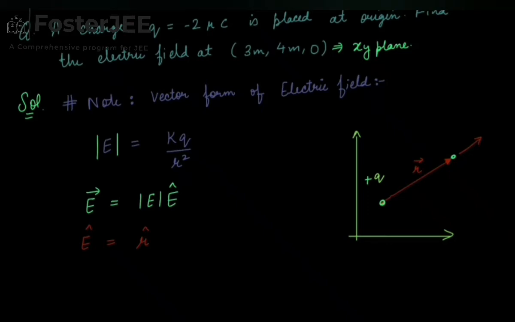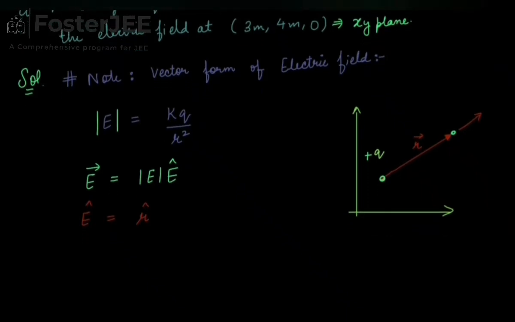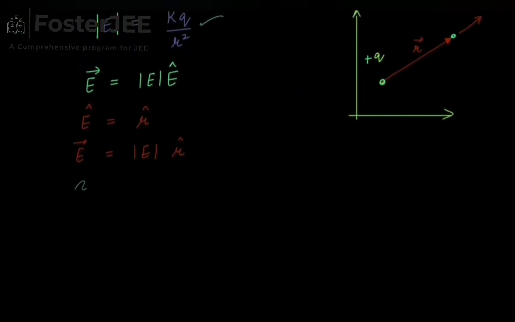Yes, hence electric field can be represented as vector E equals magnitude of E into r cap. This is not dot product, just simple multiplication. Also, the magnitude of electric field is this, so we can put in this equation and get vector E equals kq upon r square r cap.